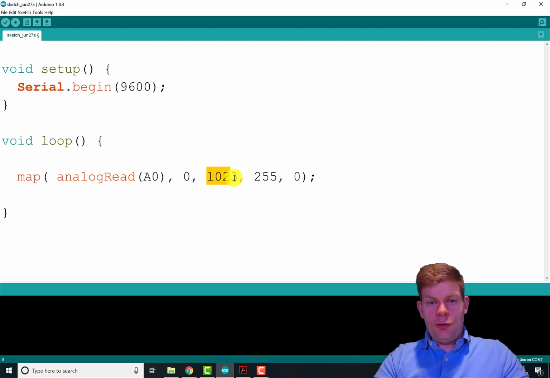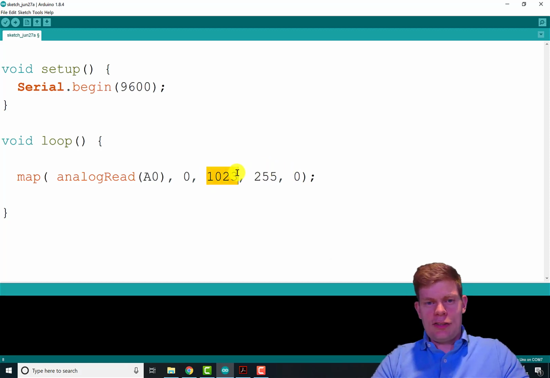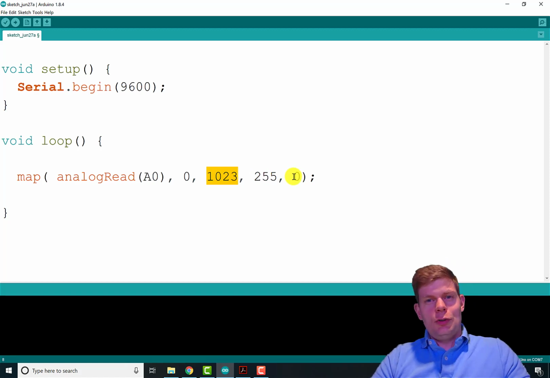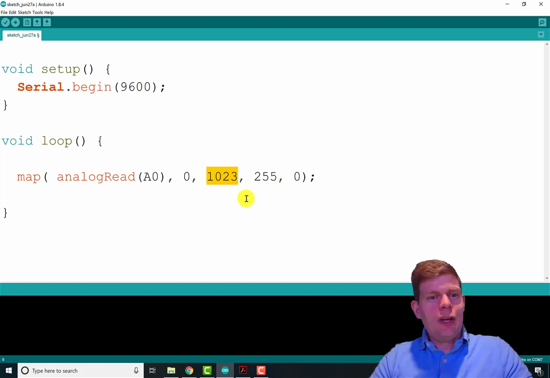So if we have a full value, full 5 volts, 1023 to our pin A0, that'll be mapped to 0. And if we have 0 volts there, that'll be mapped to 255, like full on power. And if we're 75% of the way here, like at 750, we'd actually be around 75% of the way from 255 to 0. So something like 60. Anyway, so kind of cool.